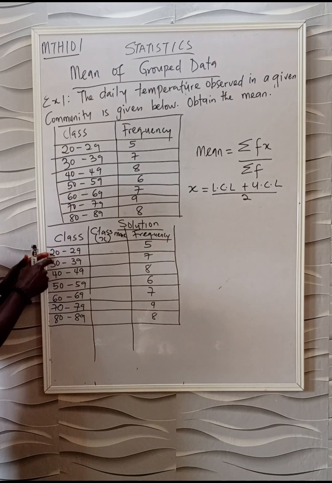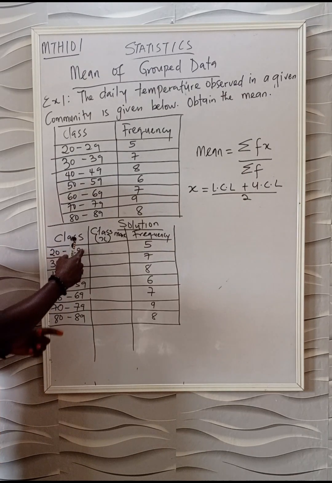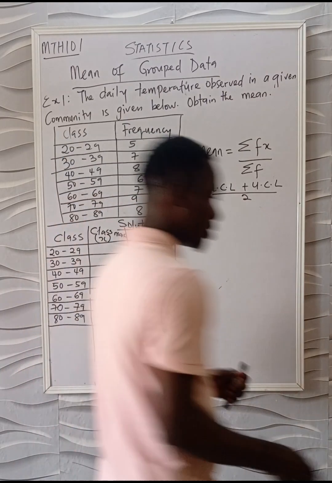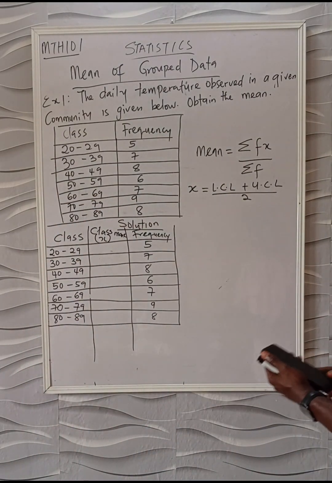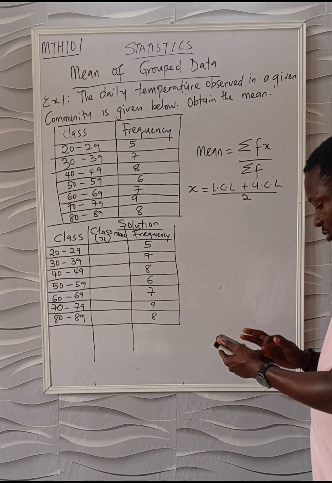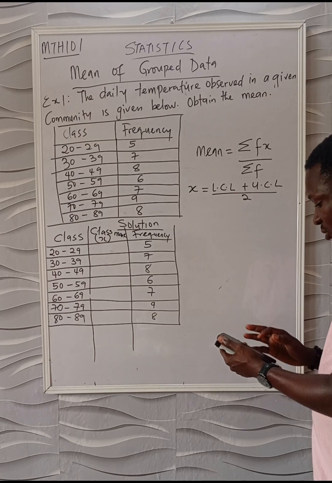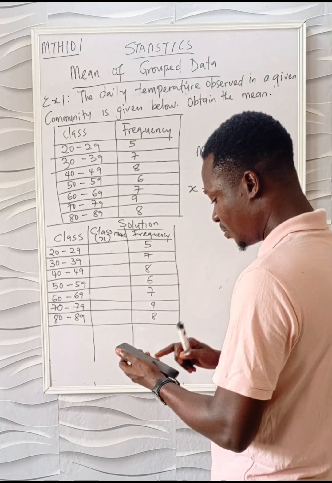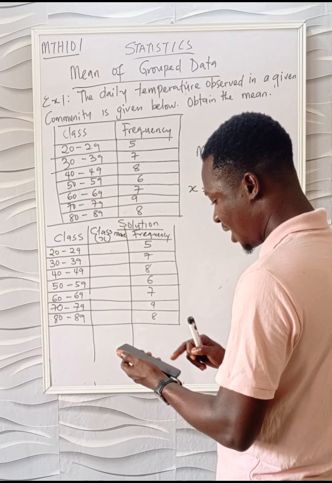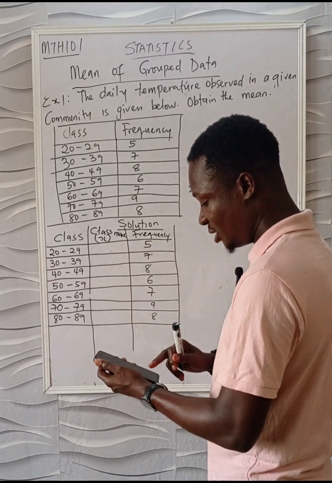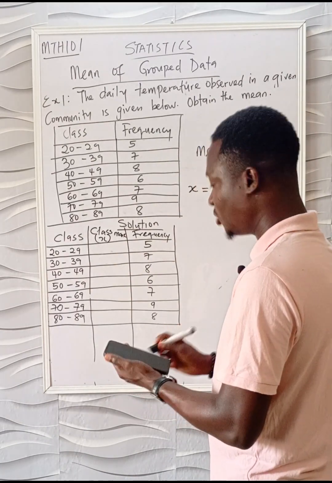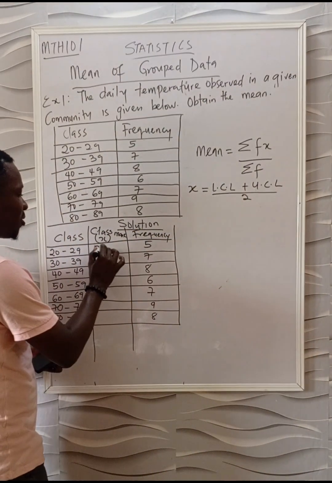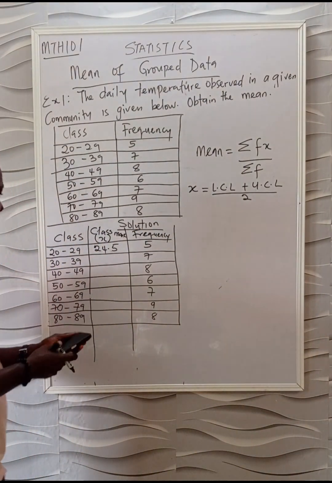In this case, we have 20 plus 29 divided by 2. So you just pick up your calculator right away: 20 plus 29 will give us 49. Then you divide it by 2, so we are going to have 24.5.